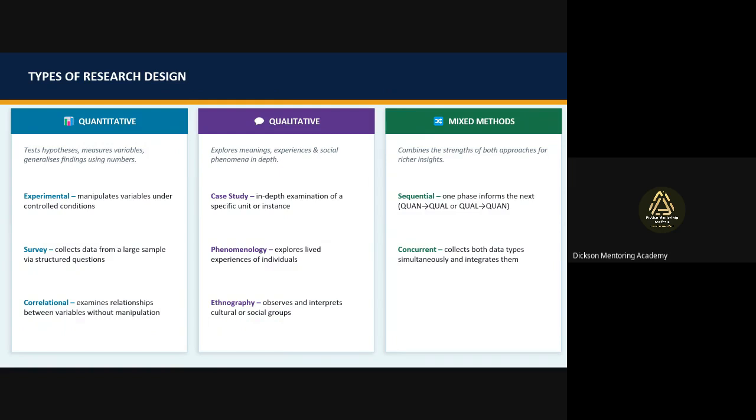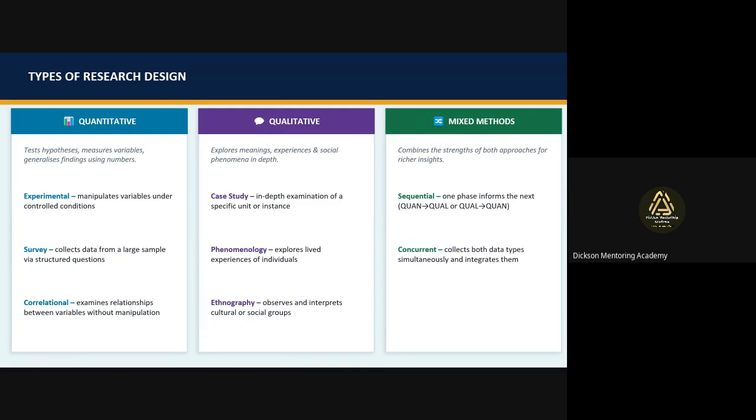Then the mixed method combines both quantitative and qualitative. It can be sequential, that is, you do quantitative, then you do qualitative, or you do qualitative before you do quantitative in sequential order.